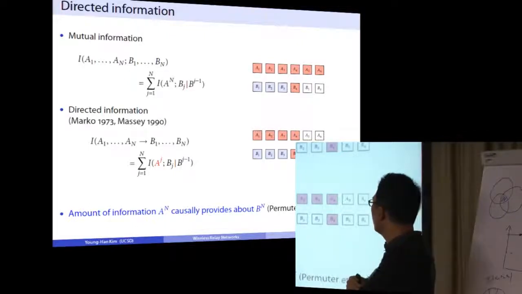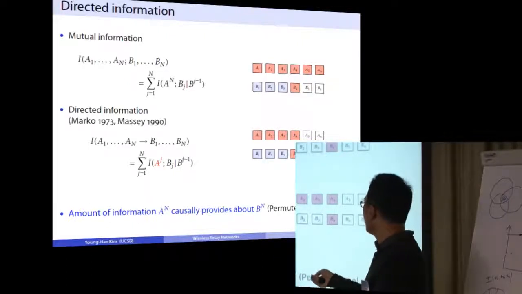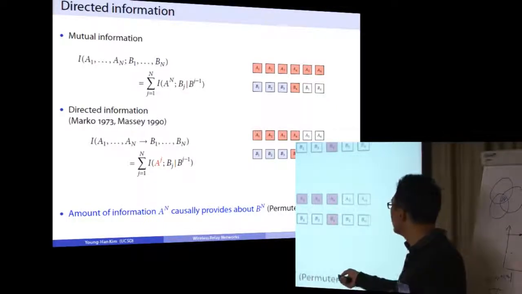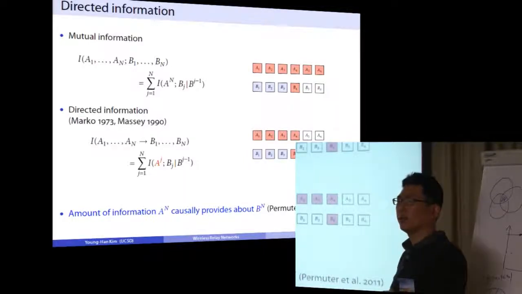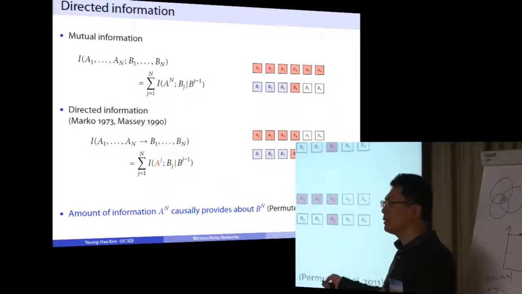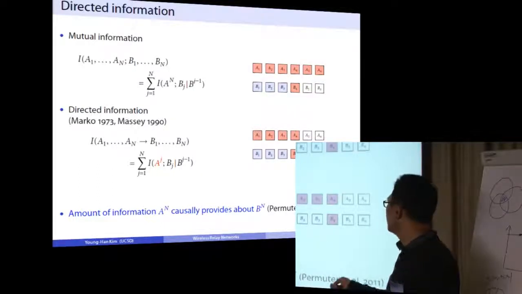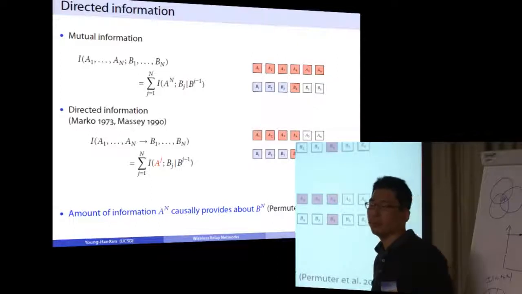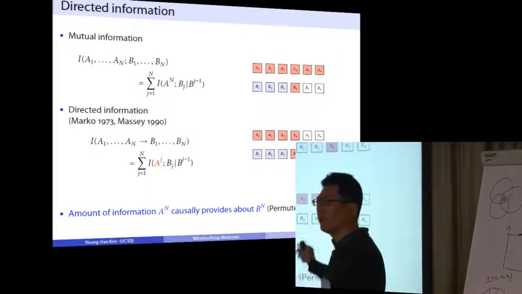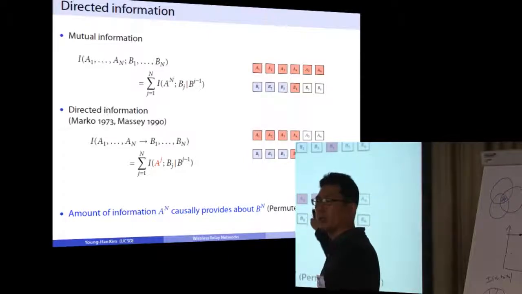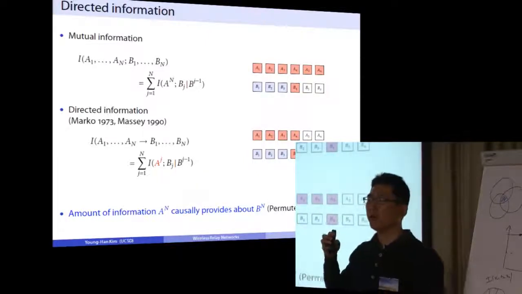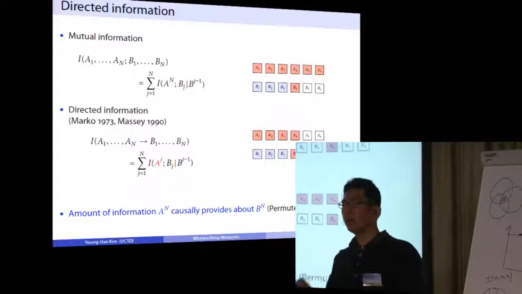Usually we think of this as the input and this as the output, but it's the other way around. There is some random sequence B^n, and you observe the A^n sequence and you want to learn something about the B sequence, but you are learning only causally. This is the interpretation of directed information. Please keep this in mind when we see more complicated expressions in the next few slides. Again, it's the amount we are learning about B causally based on A.